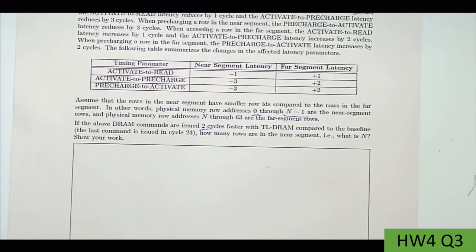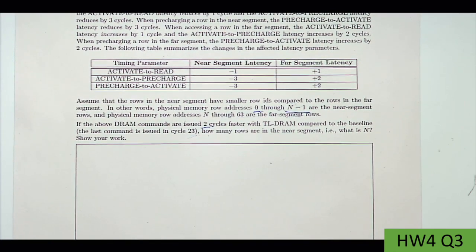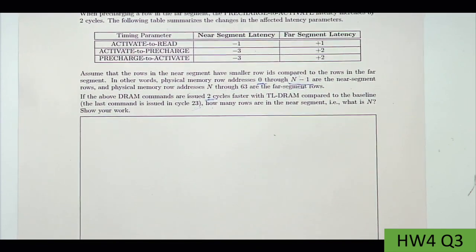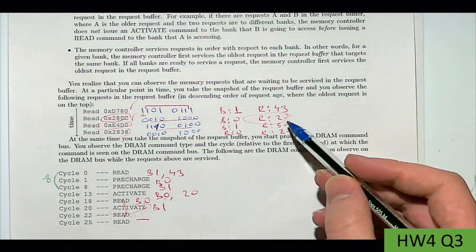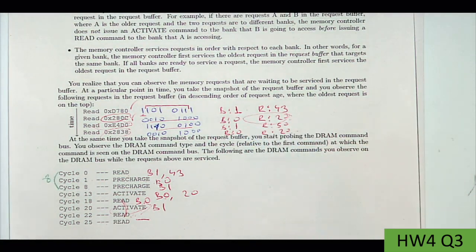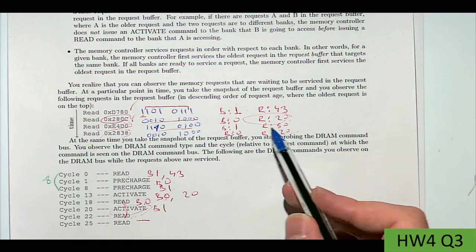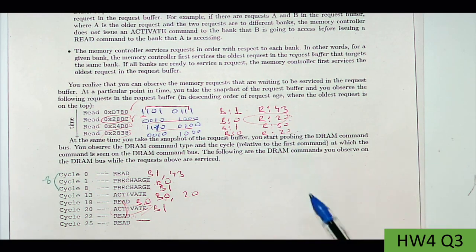The way you should approach this problem is to easily eliminate some values of n, and then check a much smaller number of them. If you look here, we kind of reverse engineered the banks and rows, so we have only a few ranges. We have rows from 0 to 20 that could cause a difference.